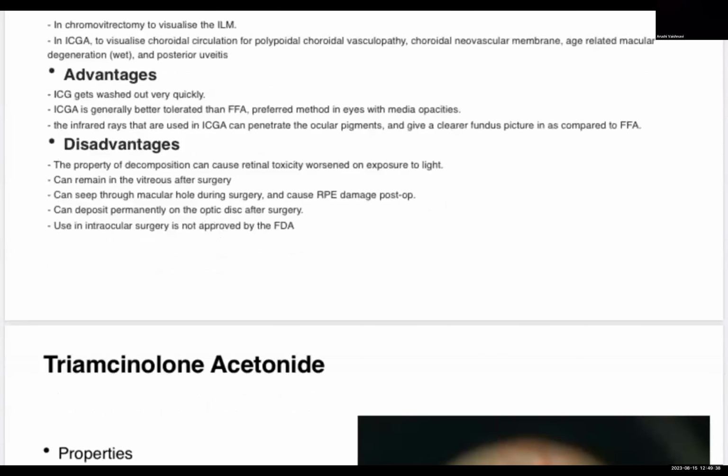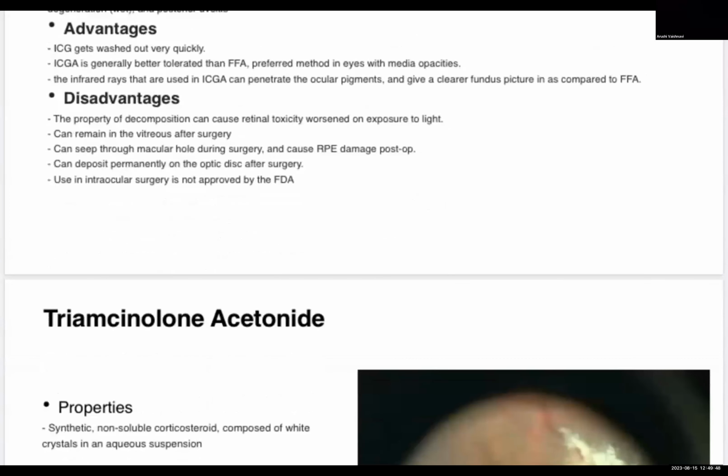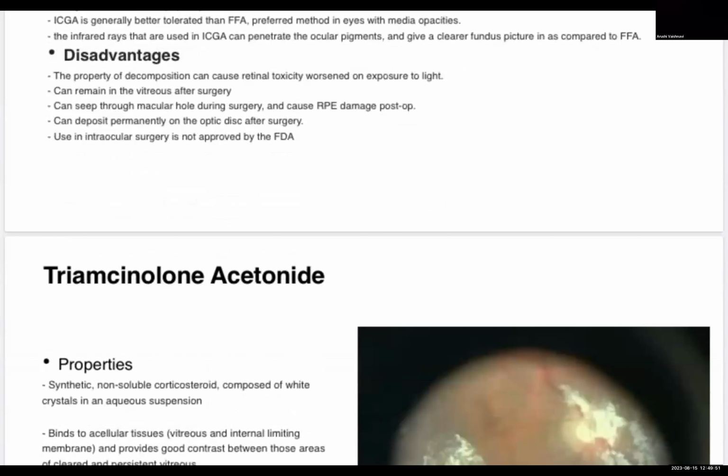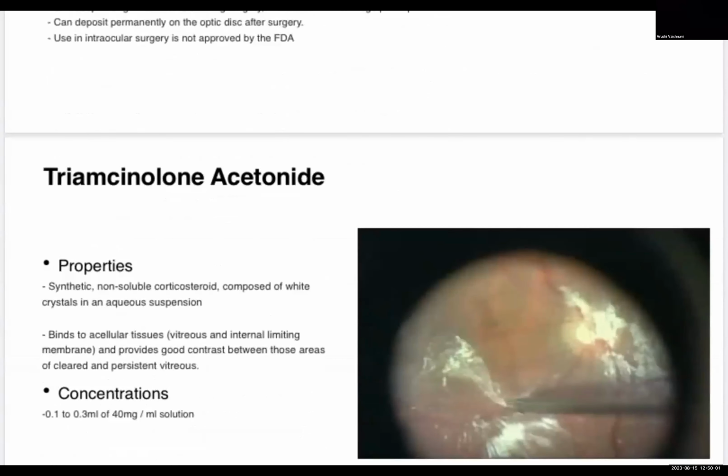It gets washed out very quickly and is better tolerated than in FFA, especially with eyes containing media opacities, and gives a clearer fundus picture compared to FFA. But the property of decomposition can cause retinal toxicity, and the dye can remain in the vitreous even after surgery. It is also not FDA approved for intraocular surgery.